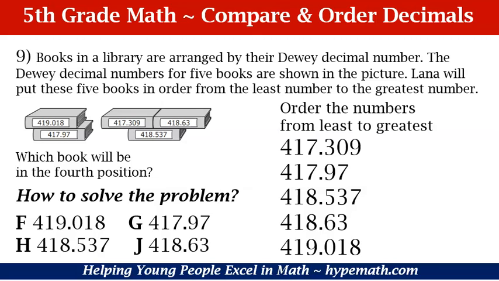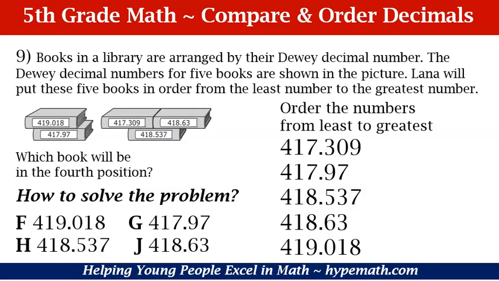Looking at the hundreds place, all of the numbers have a 4. For the tens place, all of the numbers have a 1, but in the ones place, there are 2 numbers that have a 7, 2 numbers that have an 8, and 1 number that has a 9. Looking at these numbers, are they ordered from least to greatest?